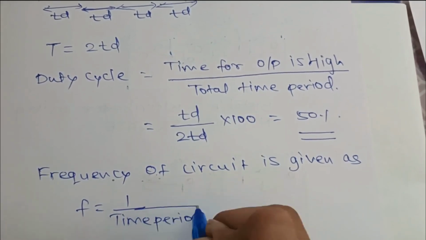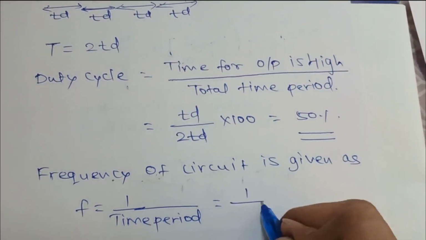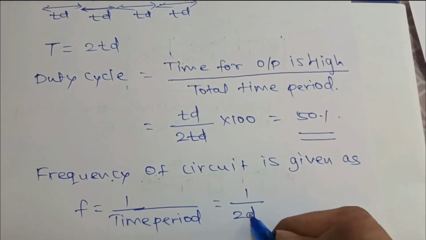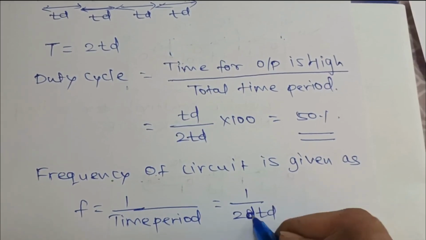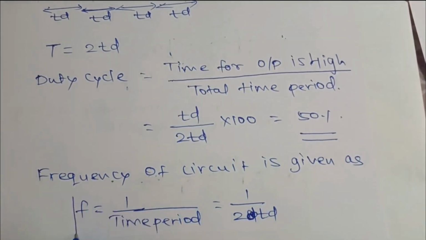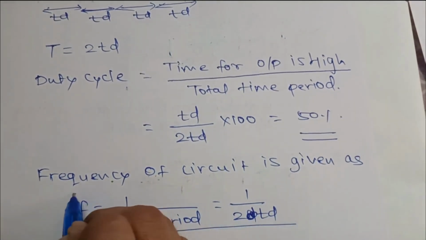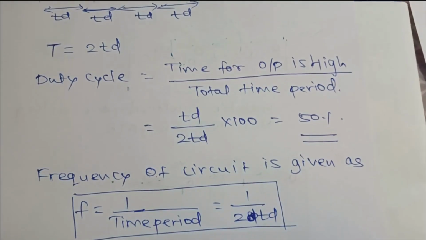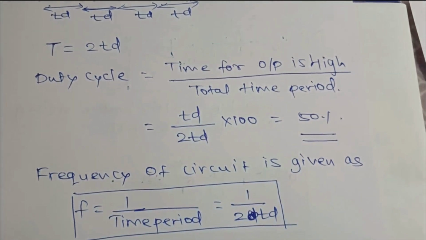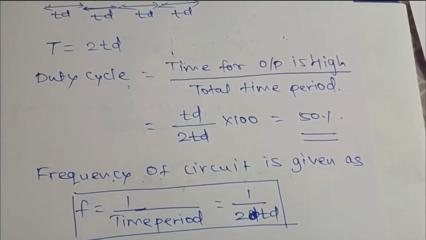What is your time period? It's 2TD. So 1 by 2TD is our frequency of output. Hope you got this.